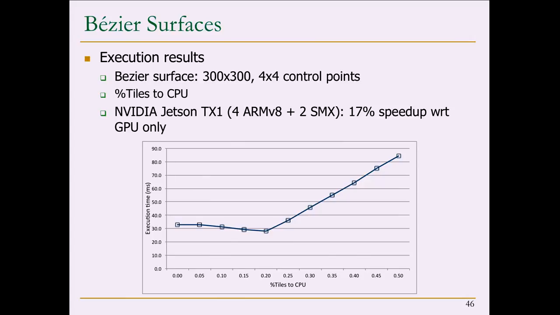In this particular case, for this particular platform, the sweet spot is 20% of the tiles, or 20% of the surface, assigned to the CPU threads, and the remaining 80% of the surface assigned to the GPU threads. So the speed up that we can obtain with respect to GPU-only implementation is 17%.